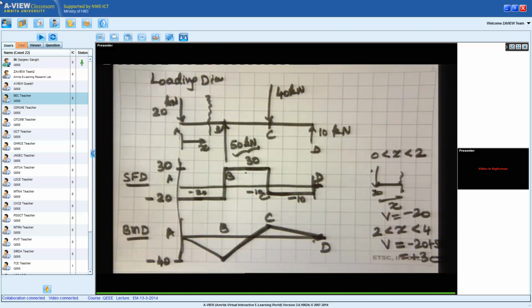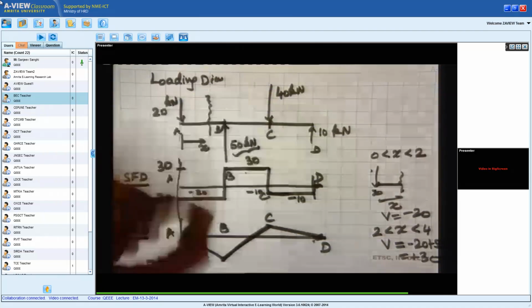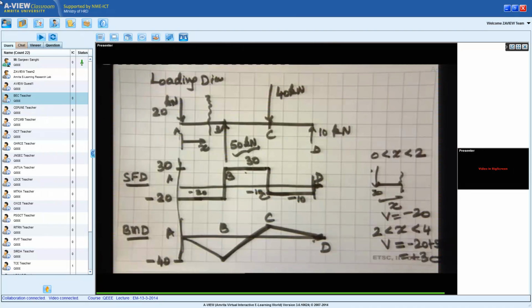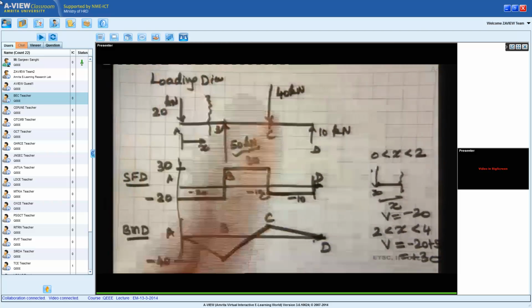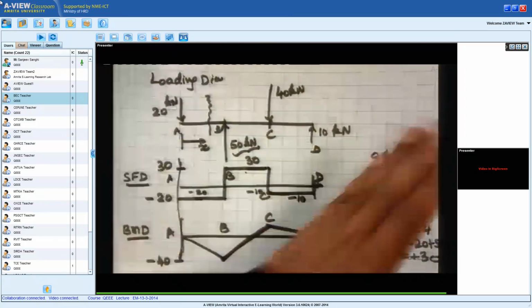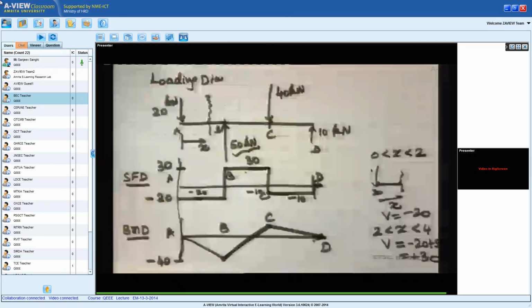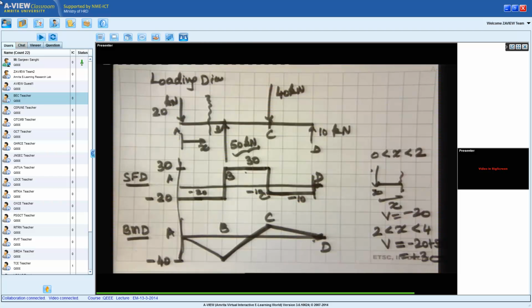Now, if you ask me what is the shear force at the point B, I don't think I can define that. Why? Because there is a discontinuity in the shear force at the point B. I cannot define a unique shear force at point B. I can define a unique shear force up till point B, and a unique shear force after point B. At point B, shear force experiences a discontinuity.